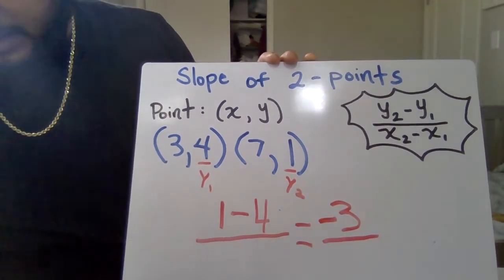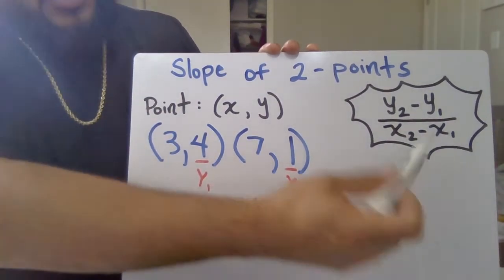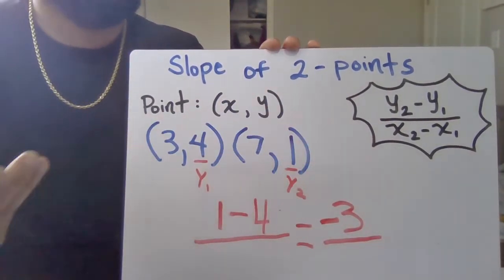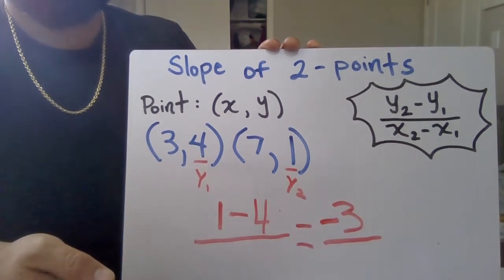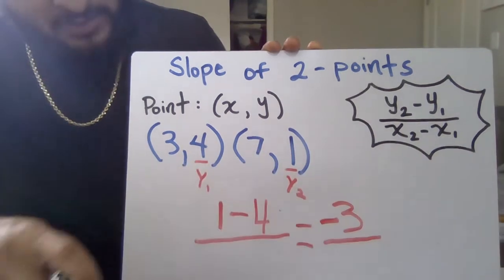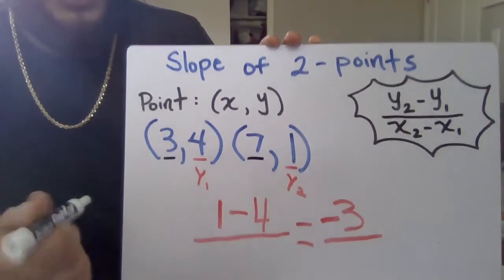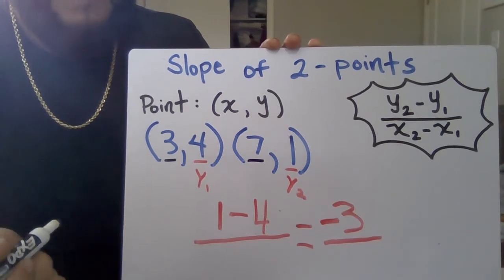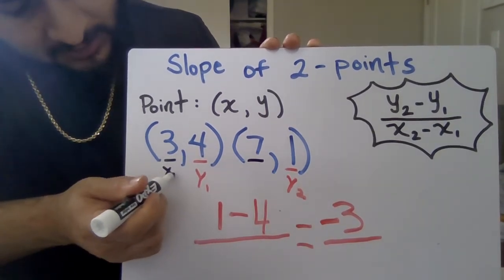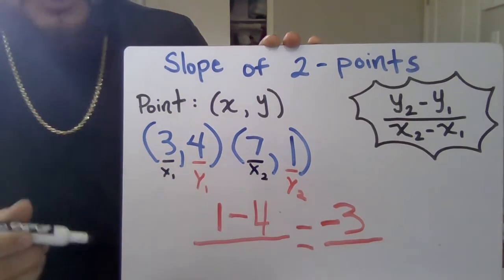Next let's talk about the run. To find the run, or our horizontal movement, left or right, we would need to subtract the second x minus the first x. Well, x is always the first number, so these are our x values, the 3 and the 7. The first x is the 3, and the second x is the 7.